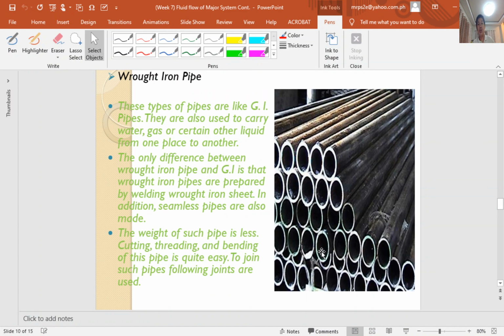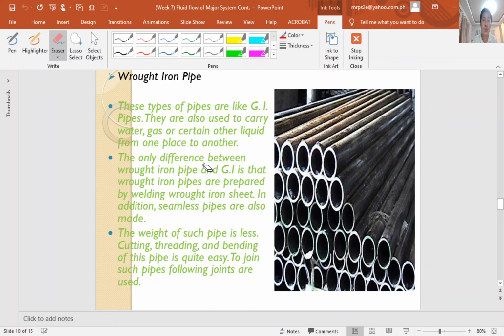Next, we have here a wrought iron pipe. These types of pipes are like GI or galvanized iron pipes. They are also used to carry water, gas, or certain other liquid from one place to another.